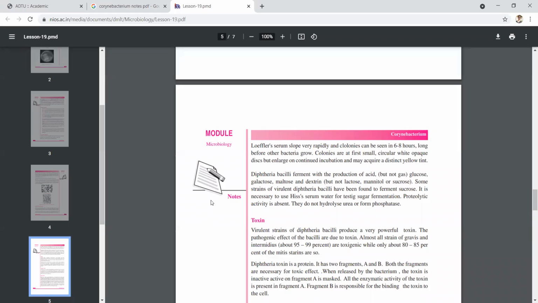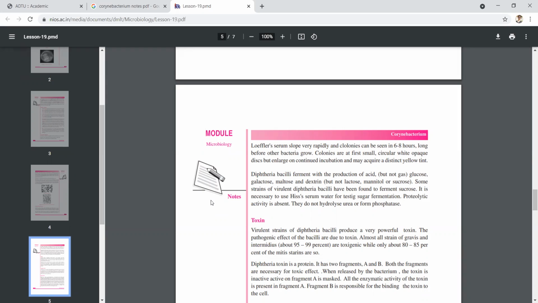Similarly, it also ferments galactose, maltose, and dextrin, but it does not ferment lactose, mannitol, or sucrose. Some strains of virulent diphtheria bacilli have been found to ferment sucrose also. It is necessary to use Hiss's serum water for testing sugar fermentation.